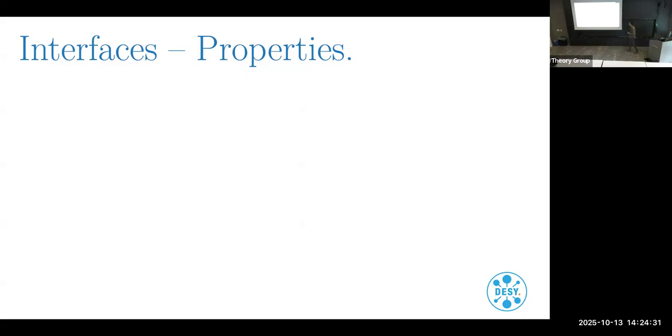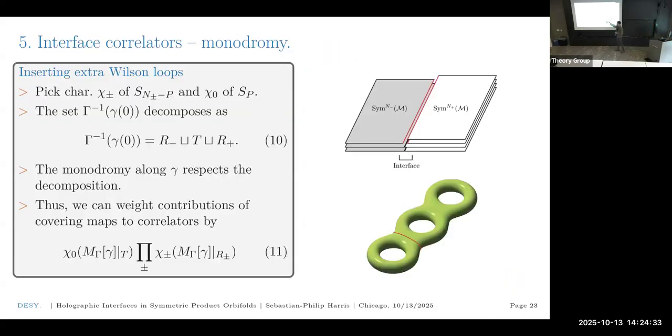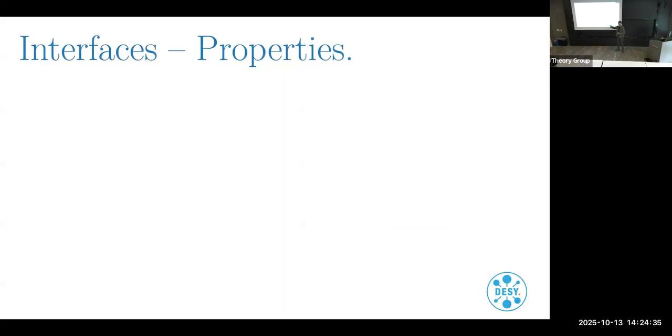Okay. So, one way to see it is that I give you this description in terms of the covering maps, and the nice thing about the covering maps is that this makes it straightforward to compute correlation functions. But you can also, and that's also what we did, describe this just in terms of boundary states. So you can take the folded theory, and then you can write down some boundary state of the folded theory explicitly, and define the interface that way.